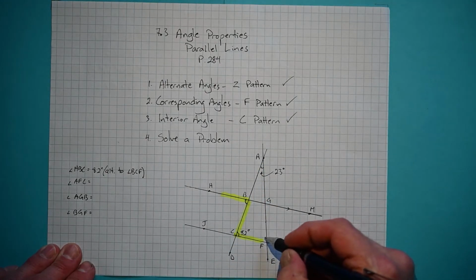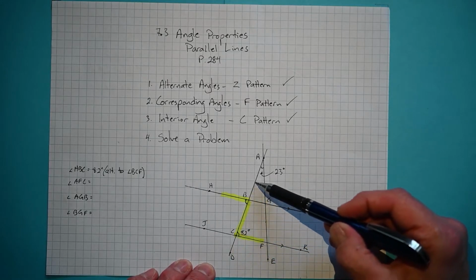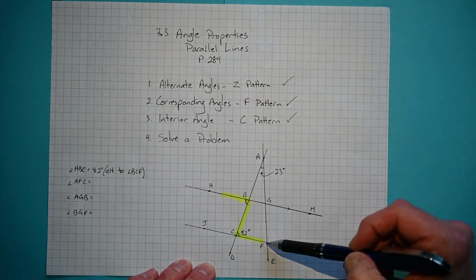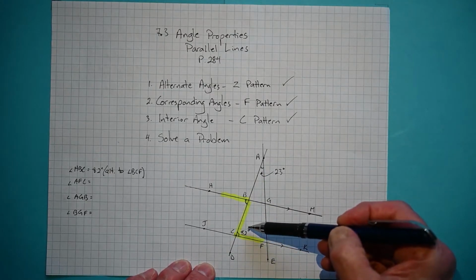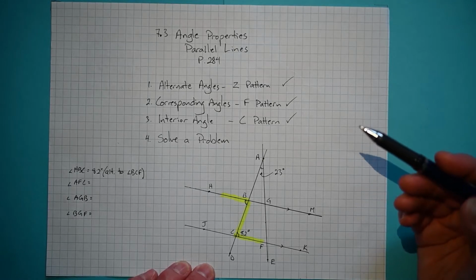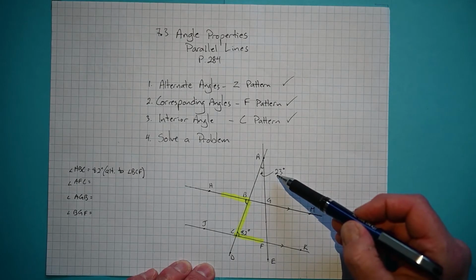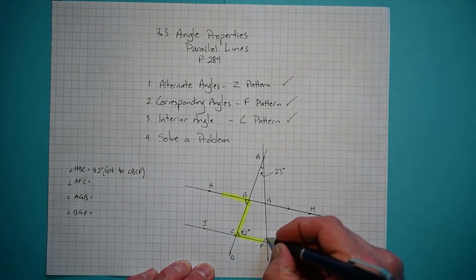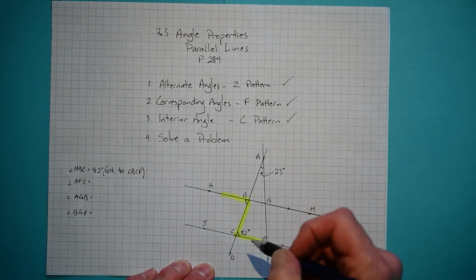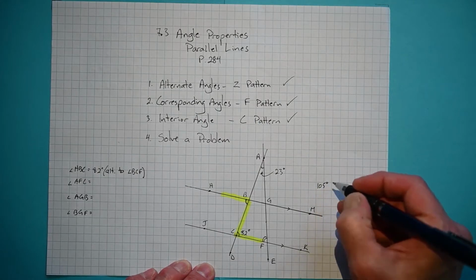AFC. So this angle right down here. Now, if you look carefully, you should see there's one large triangle here. And we know two of the angles in that triangle. You might recall that angles in a triangle add to 180 degrees. So we could add these, subtract them from 180, and that should give us this angle right here. So let's do that. 82 plus 23, that's going to come out to 105 degrees.